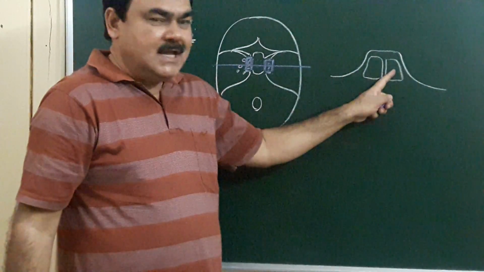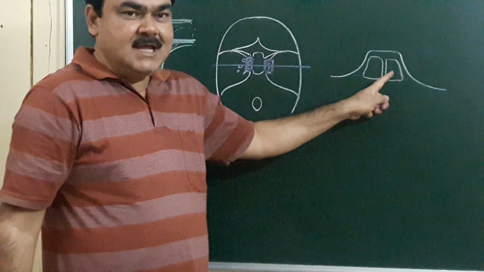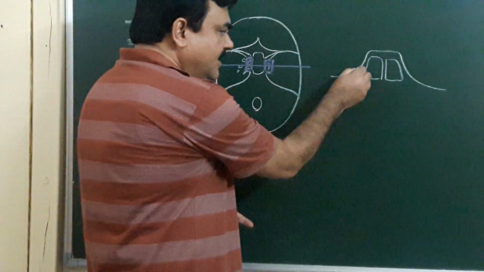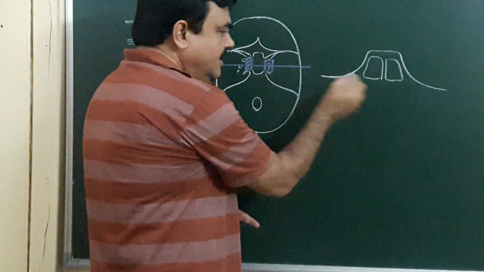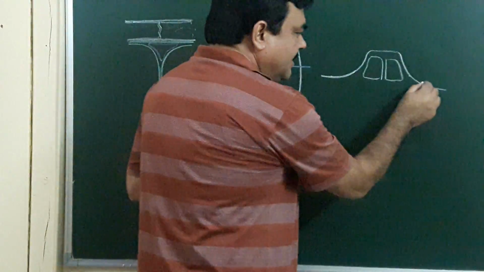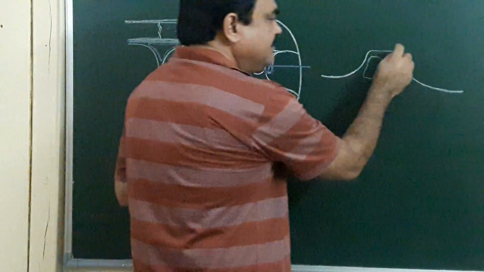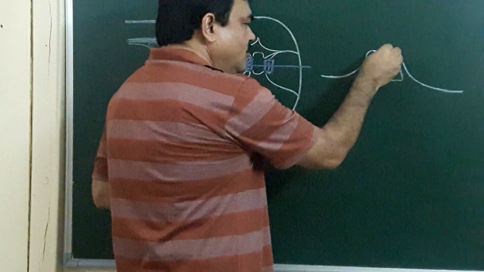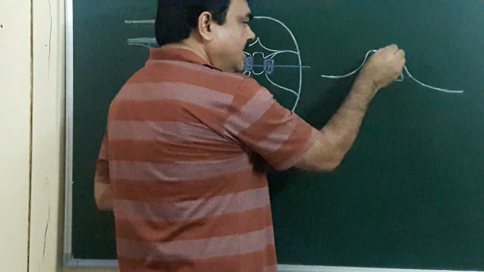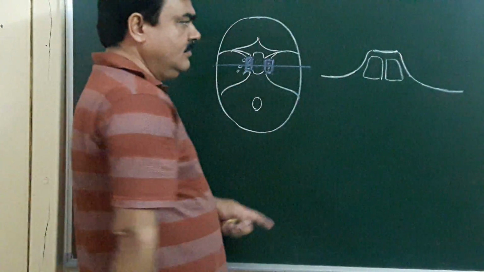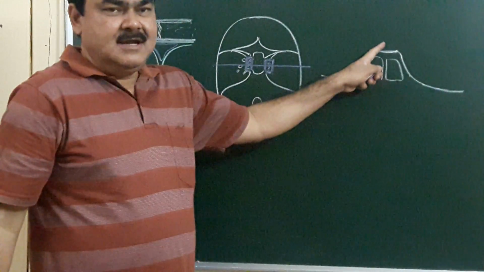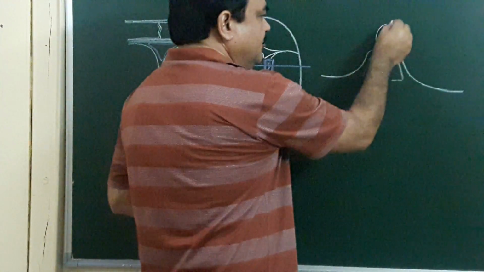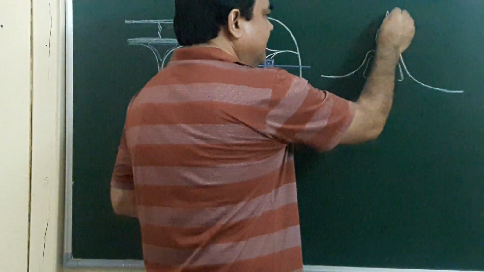These are sphenoidal air cells. Here is the junction of the body and the greater wing of the sphenoid. And here this is the pituitary fossa. Here the pituitary gland is present. This is the pituitary gland. This is the stalk of the pituitary gland.